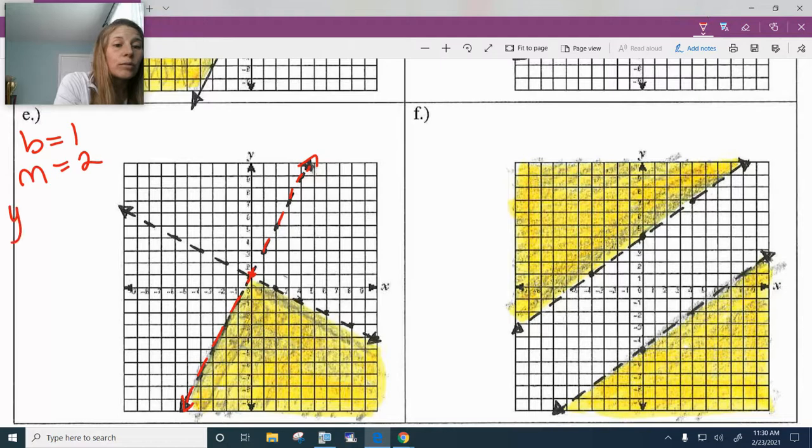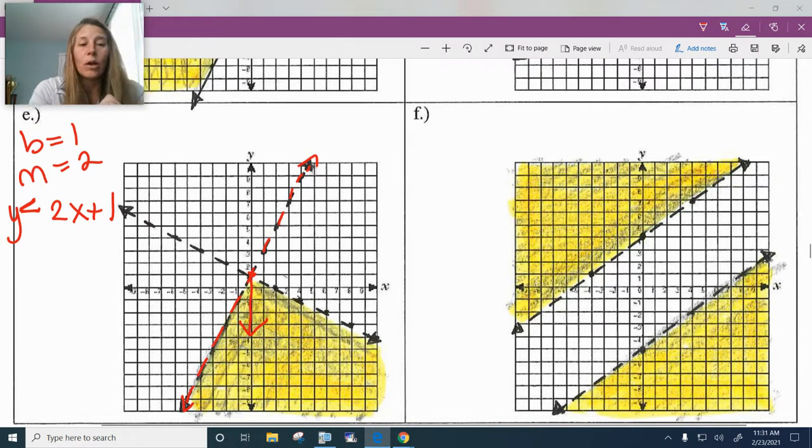So first I would write y equals 2x plus 1. Now, the shading is going down, so that tells me it's going to be a less than. But I have to erase this little equal to line because it was dotted, so it's just going to be a y is less than, and then that's it.